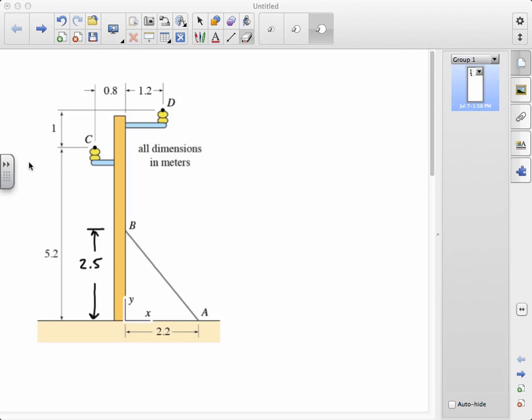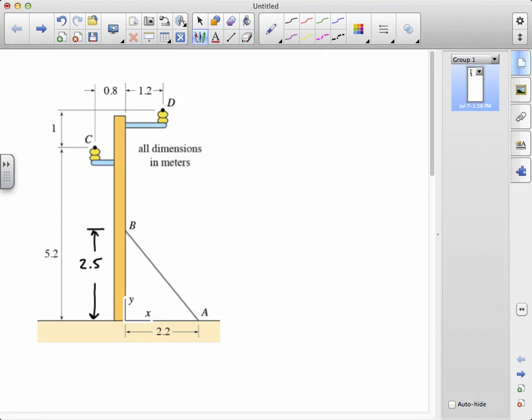For the coordinate system provided, we can write the absolute position vectors from the figure as RA equals 2.2 meters i. RB equals 2.5 meters j.